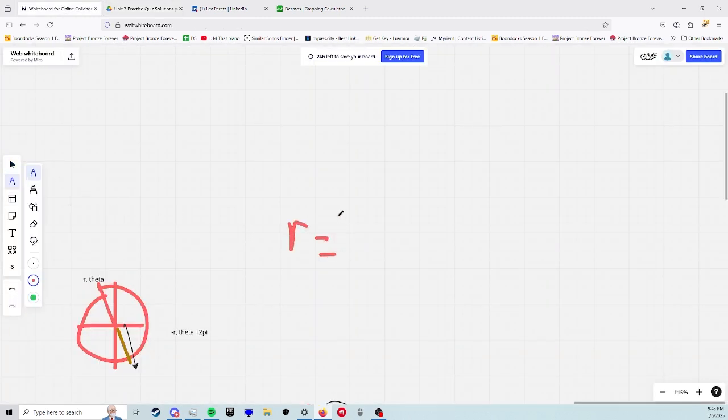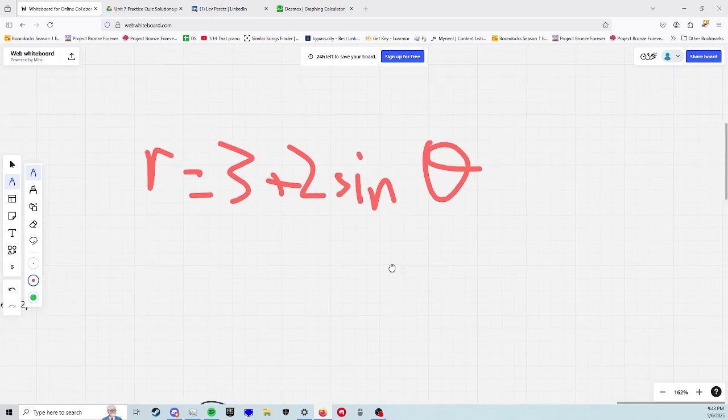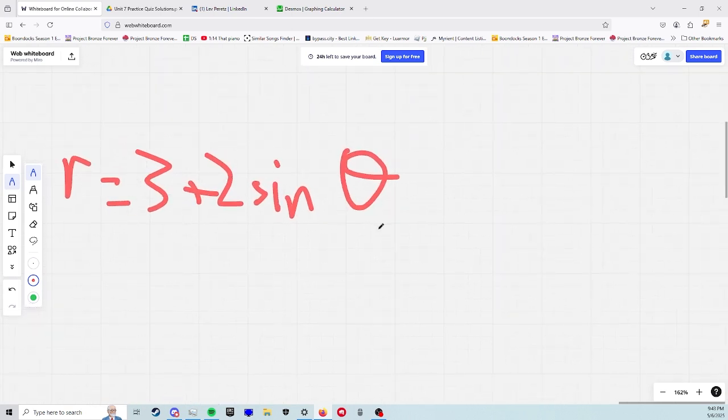R equals 3 plus 2 sine theta. Okay. So we're given a sine graph. Now we know it's over the x-axis, or technically over r equals theta over 2, but you just think of it as the x-axis.